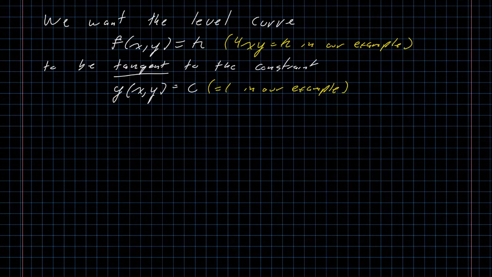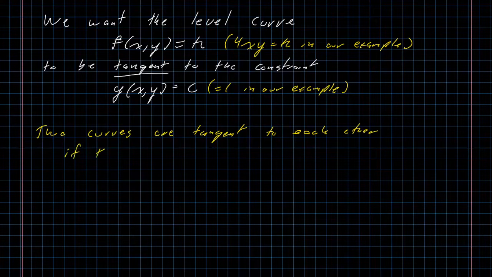For two curves to be tangent to each other, well, one way to think about that is that they have to have the same tangent line. And we know that they will share that one point in common.